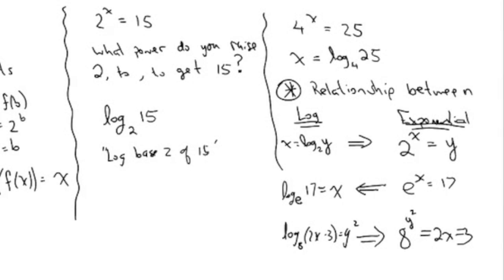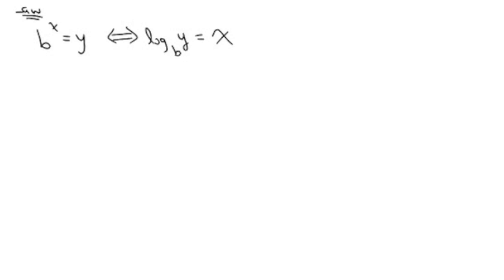Just with letters, this is how it works out. This just means they're interchangeable. This is the interchangeable feature of logarithms and exponentials, and again, it will solve about half of this whole chapter.